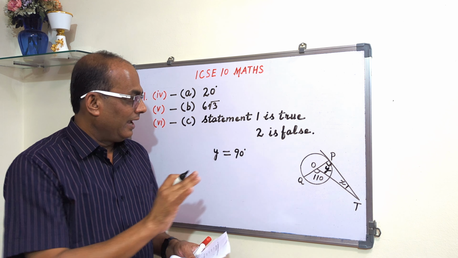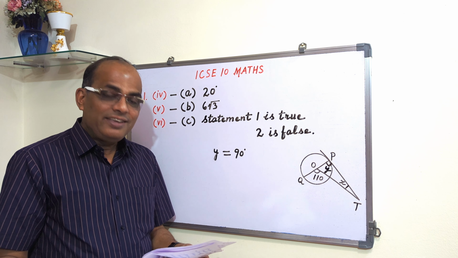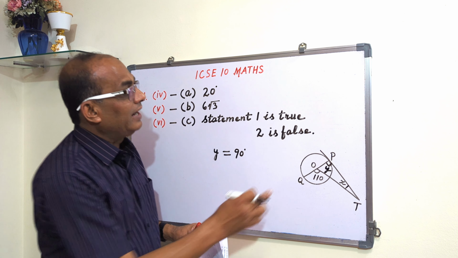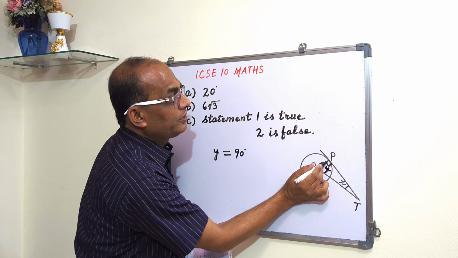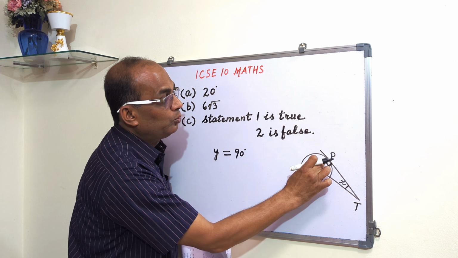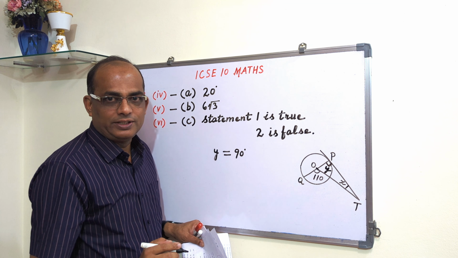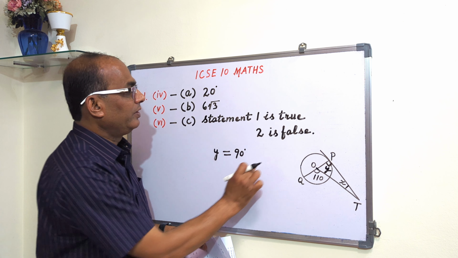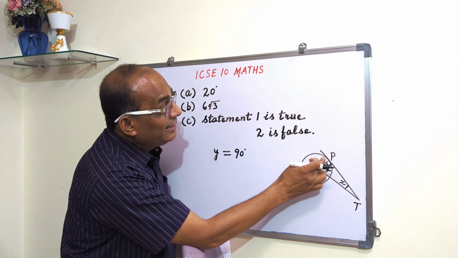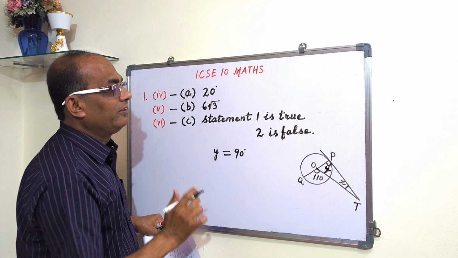So this angle is 90 degree, and the reason is the tangent at any point to a circle, the tangent PT, and the radius through the point of contact. OP is the radius and PT is the tangent. They are perpendicular to each other, that's the theorem. So in a 3-mark question you have to write down here: the tangent at any point P to a circle and the radius through the point of contact are perpendicular to each other. That will be the reason here. So you got Y is equal to 90 degree.